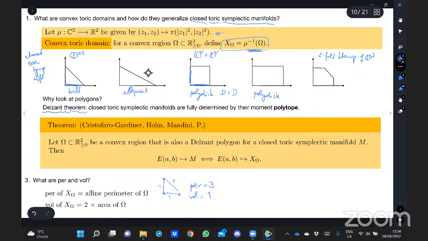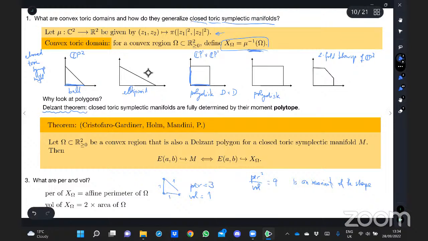The way this shows up, remember, was in the equation, I had pair squared over vol, which in this case would be 9. And this is an invariant of the shape, because pair is linear with the scaling and vol is quadratic. So pair squared over vol is an invariant under scaling.